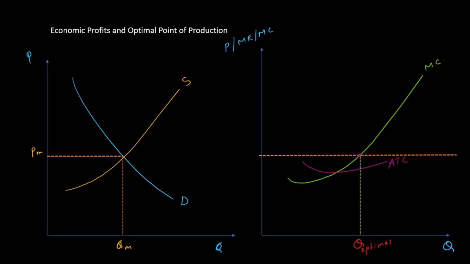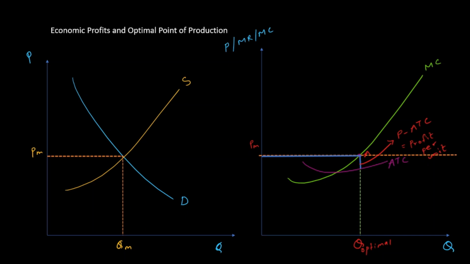Okay. So now what is the profit in this case? So you can see that the price is higher than the average total cost. So the difference between price and the average total cost will give me profit per unit. So the blue line that you can see here indicates profit per unit, which is nothing but price minus average total cost.